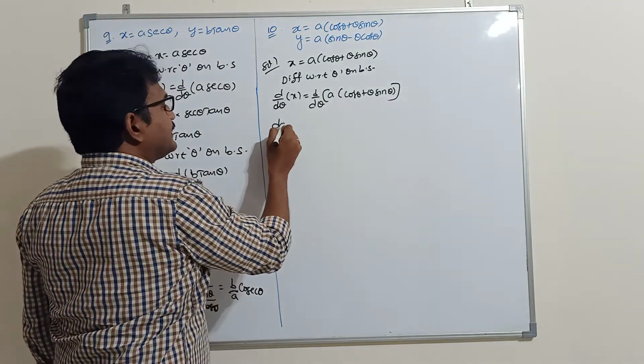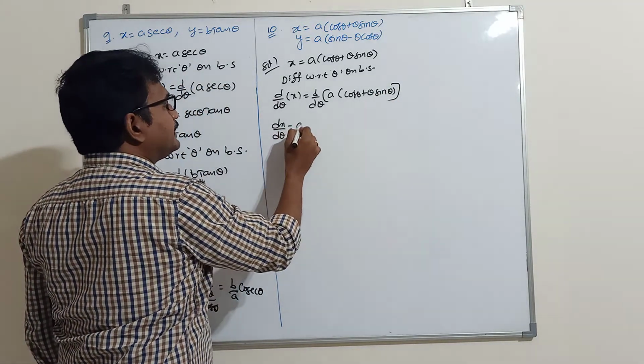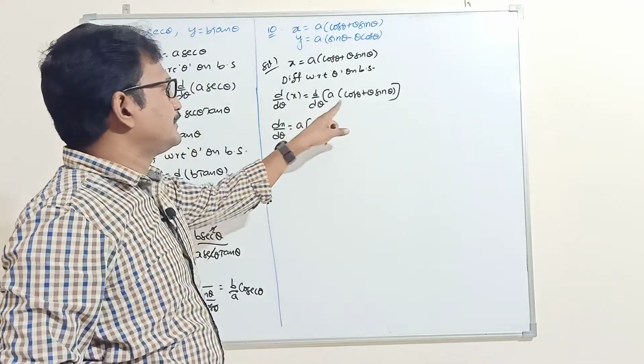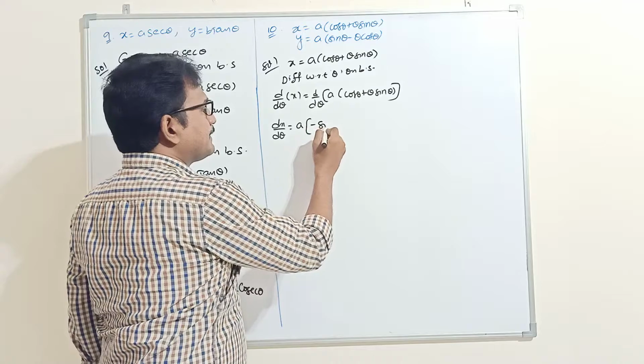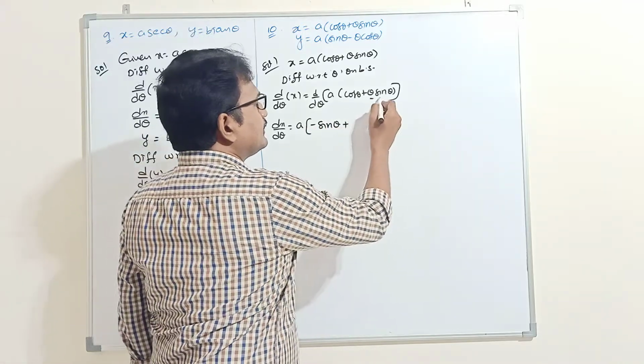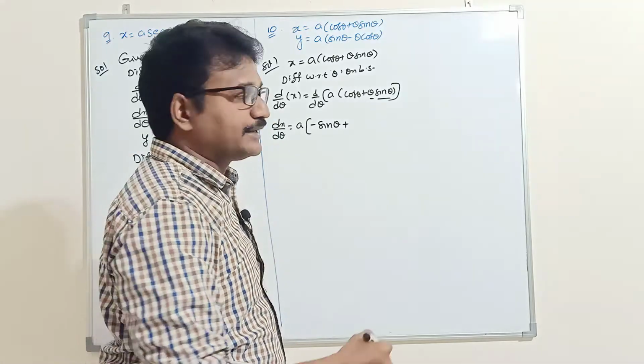So dx by d theta is equal to a into, a is constant, so that's why write the constant before the derivative. Derivative of cos theta is minus sin theta plus theta sin theta, algebraic function times trigonometric function.